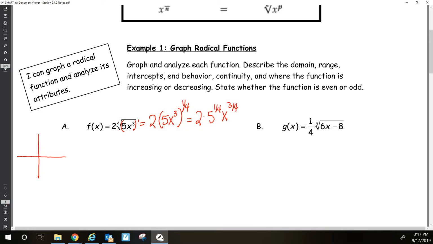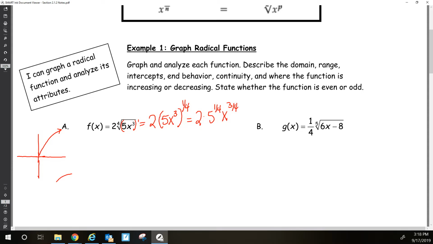Remember, this is x to the 1 power, and this is x to the 1/2 power. We want something in between, but because it's getting stretched up a little bit, it's probably closer to something like that. But notice it still has a slight concave down piece to it, just like a square root would.